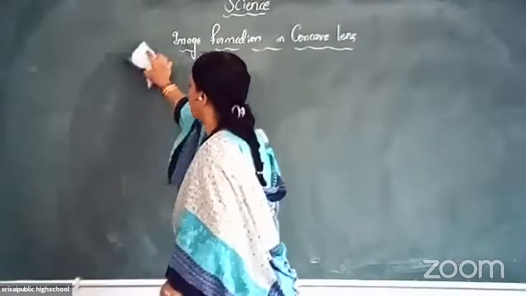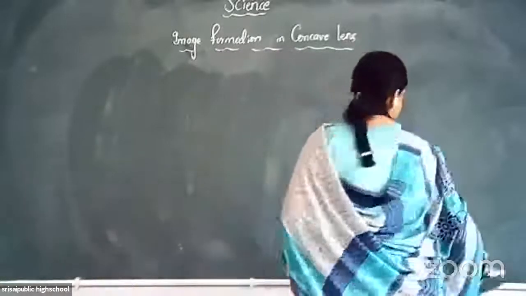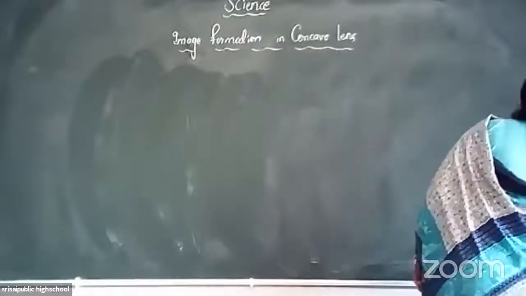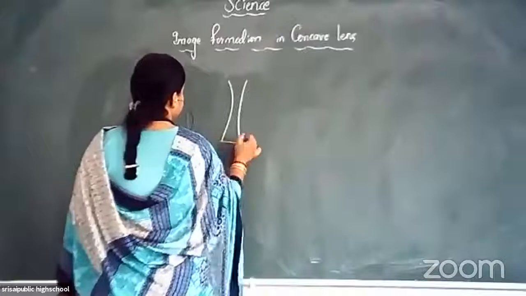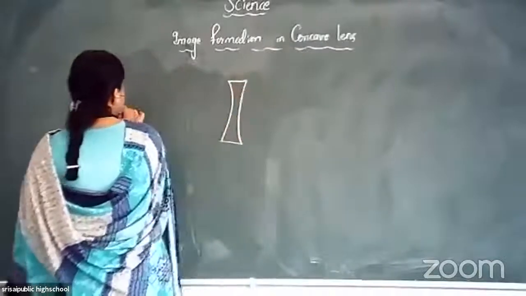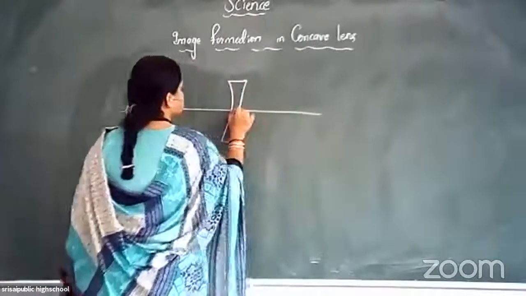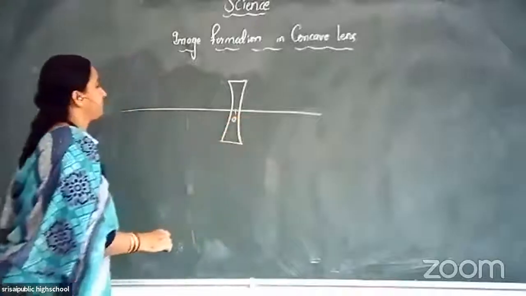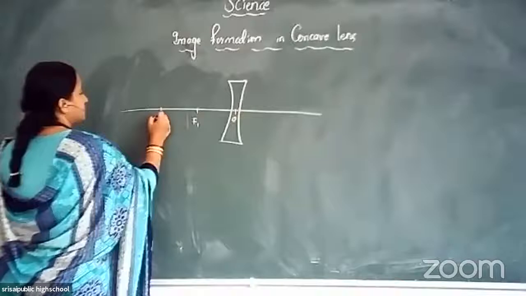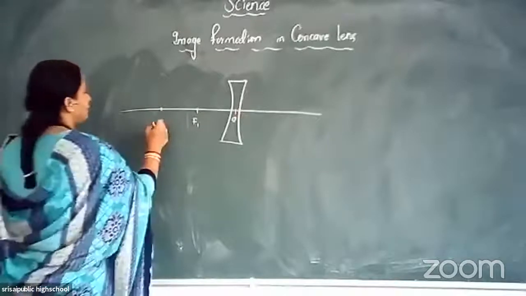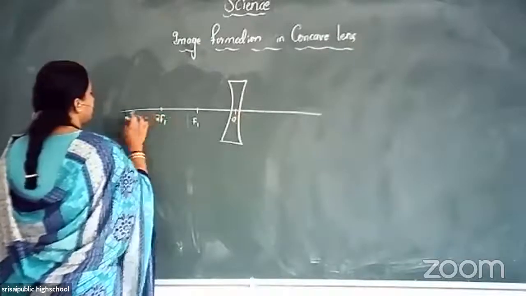See the tabular column and tell me at least. Where is the position of the object? This is the concave lens that you are going to use here. This is the principal axis. This is the optical center. This is the first focus, F1. The first center of curvature, 2F1.